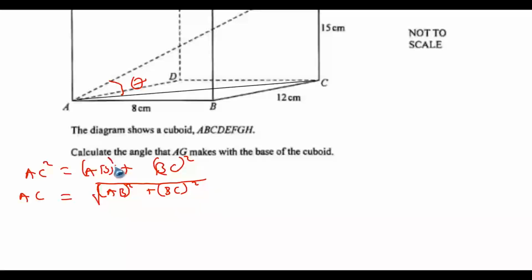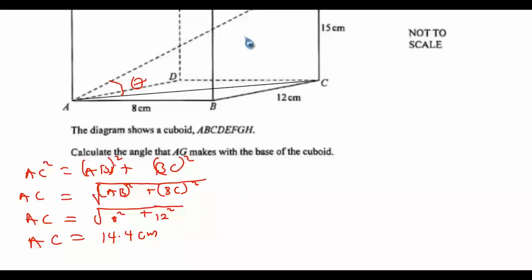Let's write this very well. If you input the values there, AC will be equal to the square root of 8 squared plus BC, which is 12 squared. So AC will be equal to 14.4 centimeters.